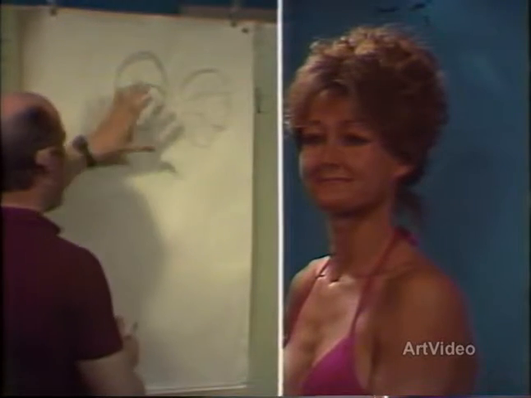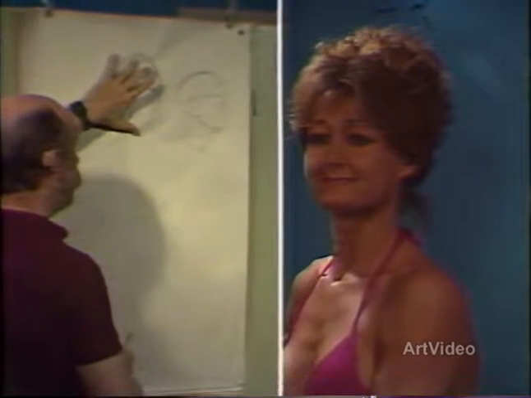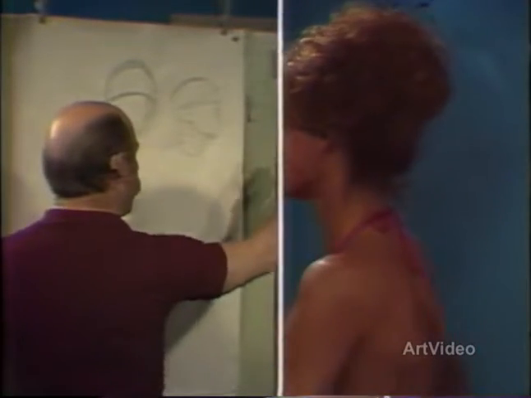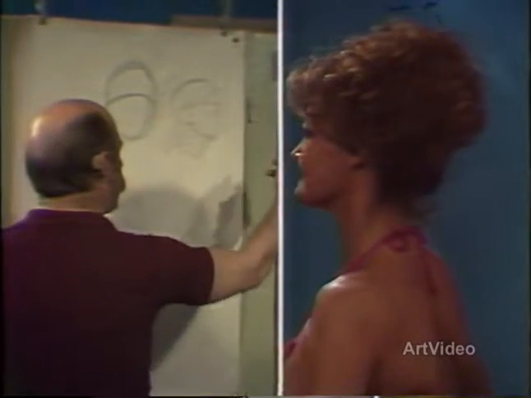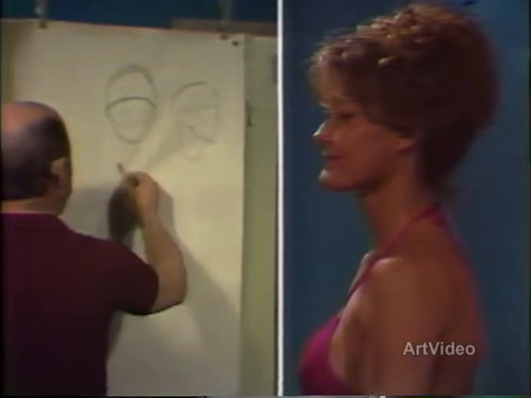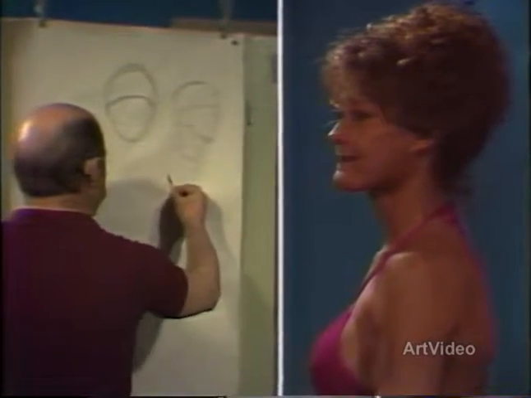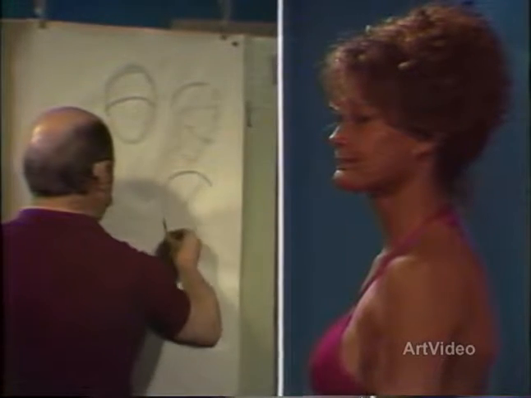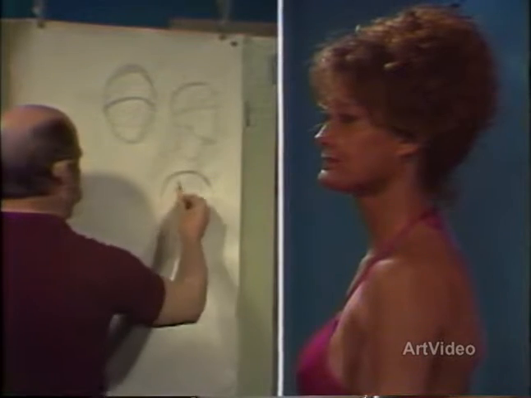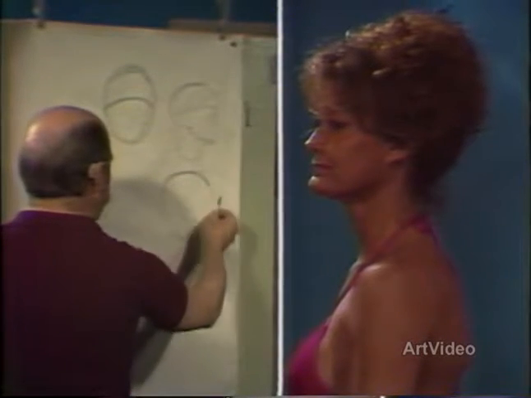Now, the head is really not an oval. Let's turn this sideways, Jan. Okay, now a little bit more this way. Okay, great. The problem when looking at the head in profile is that if we start out with this oval, we don't have enough room for the basic skull, what happens onto the back.